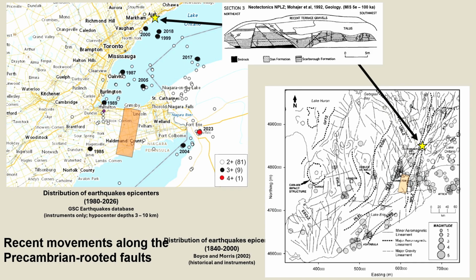So is this only an event related to relaxation after the melting of the glacier, or is there a tectonic component associated with that? We do have evidence in Lake Ontario that there is a tectonic component clearly associated with the formation of these faults. So earthquakes are really active in this area.